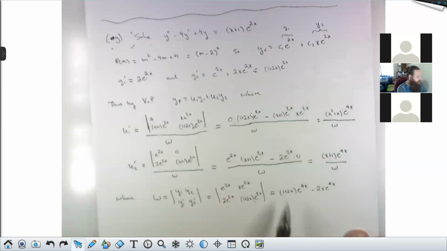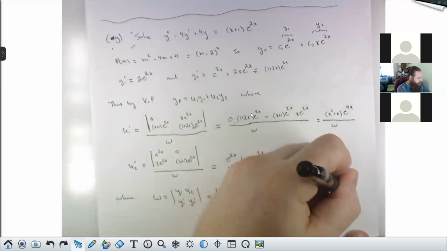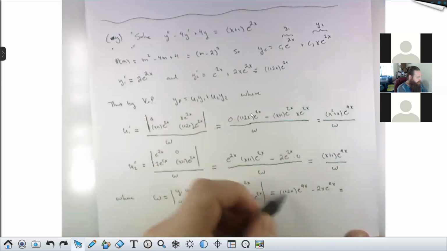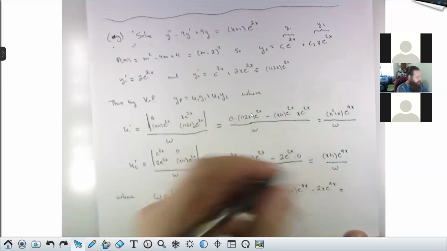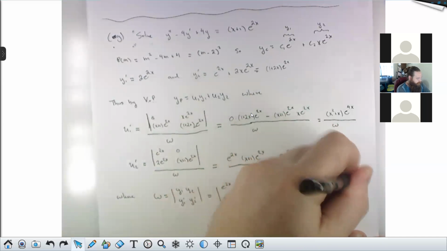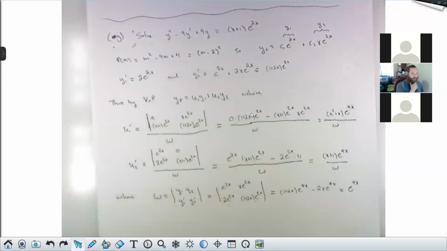So if you have 1 plus 2x times e to the 4x minus 2x e to the 4x, you factor out your e to the 4x. And the 1 plus 2x minus 2x is just 1. So this is just e to the 4x. So downstairs here, w is just e to the 4x. It's going to cancel with those, making these integrals really nice.